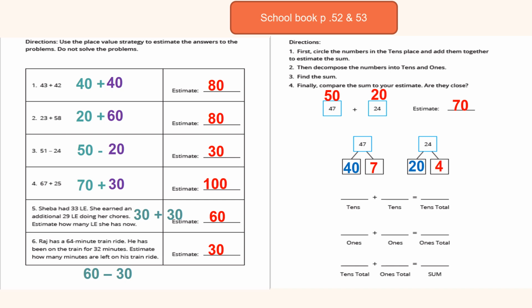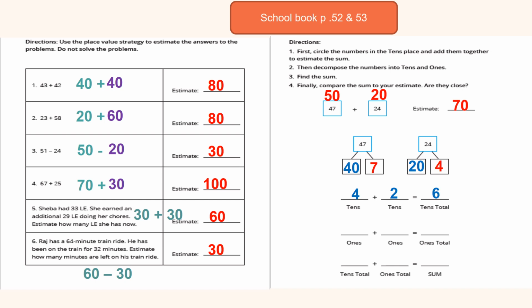So we have only 4 tens. In 24, how many tens do we have? 20 tens? No, we must cancel zeros. So we have 2 tens. Let's add tens together. 4 plus 2. After 4, 5, 6. The total of tens, 6 tens.